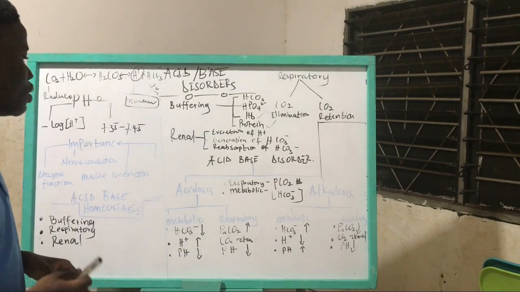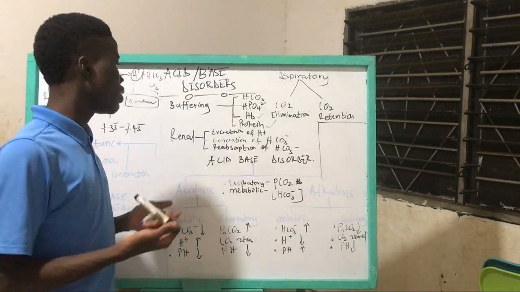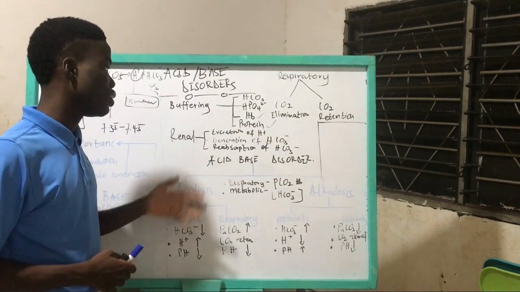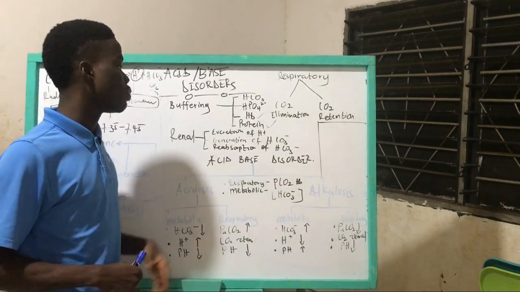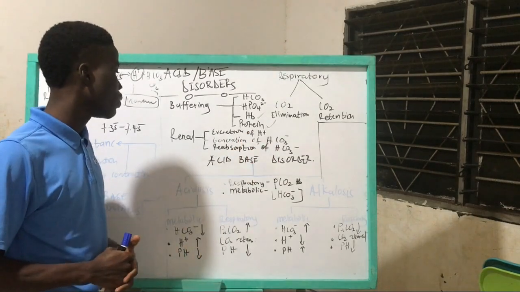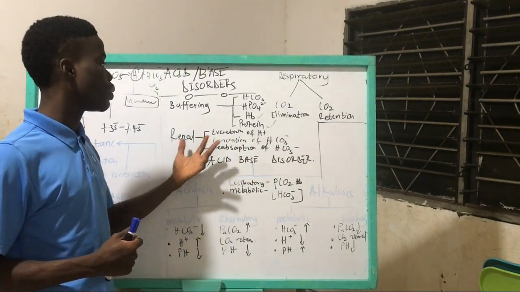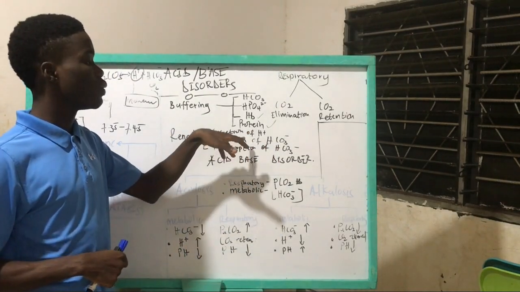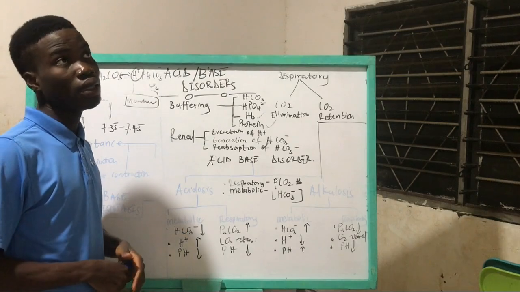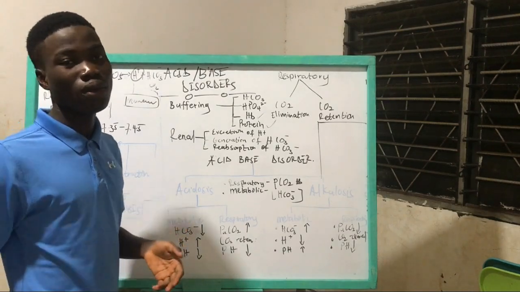Now let's talk about the renal system. In the renal system, we have excretion of hydrogen ions, generation of hydrogen carbonate ion, then reabsorption of hydrogen carbonate ion. And of course, we know what will happen when there is excretion of hydrogen ion. So when there is excretion of hydrogen ion, it means we are getting rid of what?